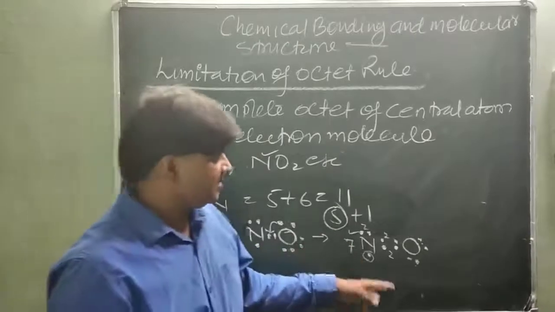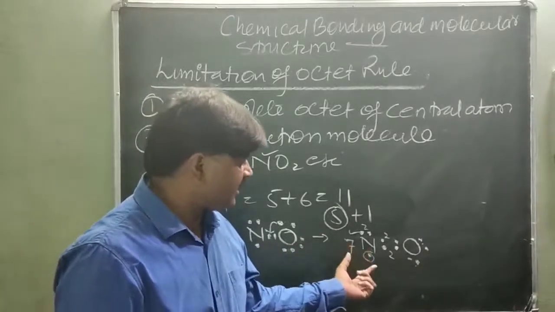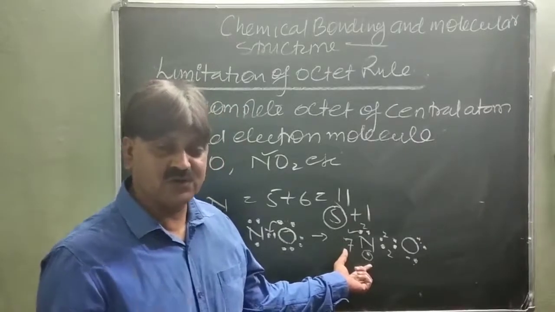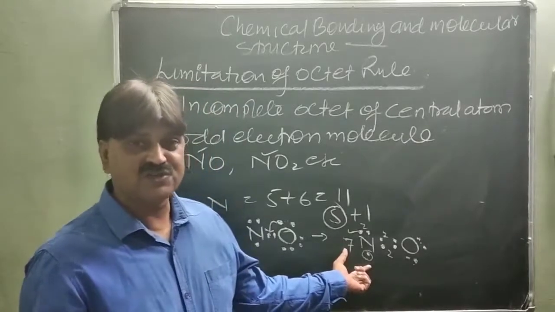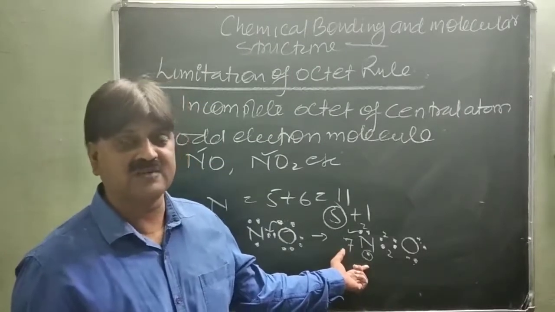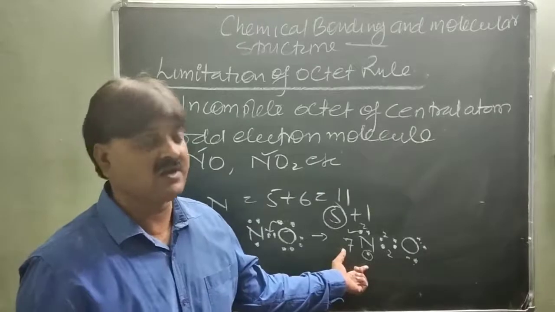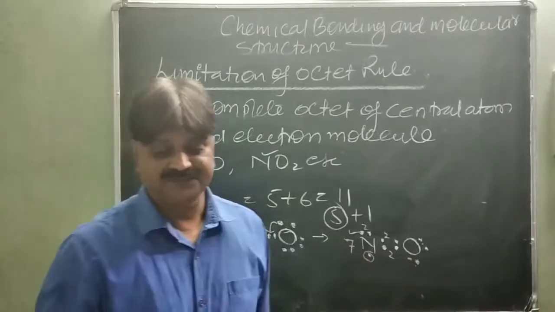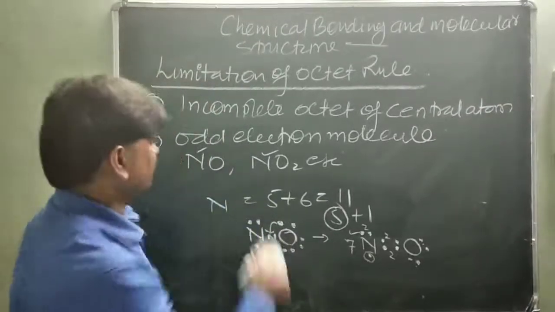After bonding there are 7 electrons on the nitrogen atom, not 8. It deviates from the octet rule and does not follow it. So it is also a limitation, or drawback, of the Lewis structure.